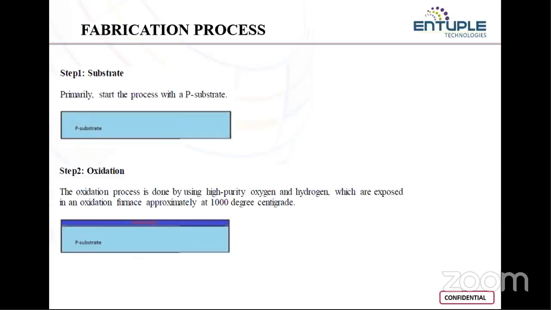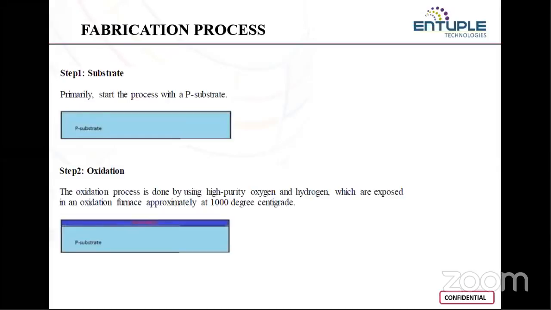Today, based on Madam's request, let me take you through the fabrication process. Generally, when we are trying to fabricate a CMOS device, the base material is the most important one. Here we call the base the substrate, and we take it as a p-type material, which is more easily available.